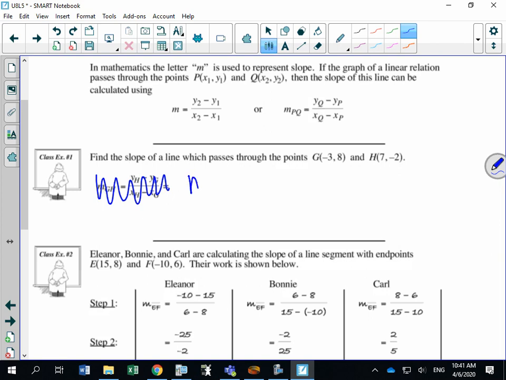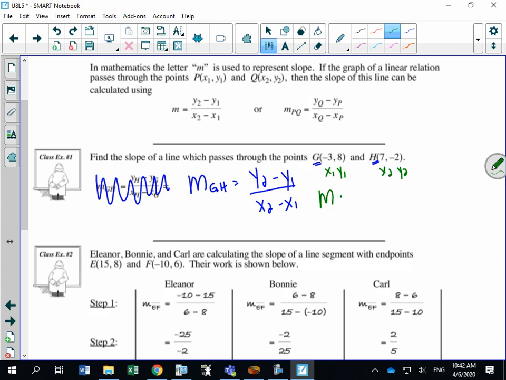So the slope formula, slope of, and I'm going to say what line segment this is. This will be GH, is equal to, the equation of the slope formula is y2 minus y1 over x2 minus x1. All you need to calculate slope is 2 points. So they've given me 2 points. I'm going to call this point x1, y1, and I'm going to call this point x2, y2. Once you have your 2 points, you simply just need to plug it into the formula, and then you're going to get your answer.